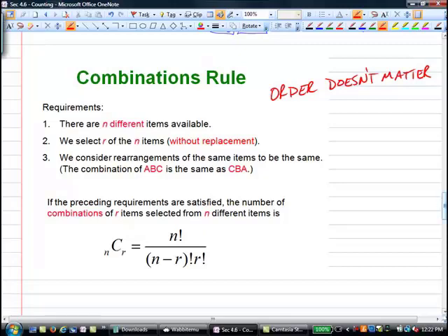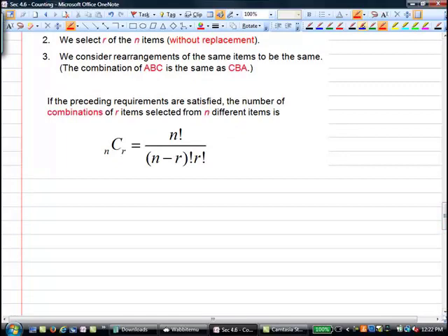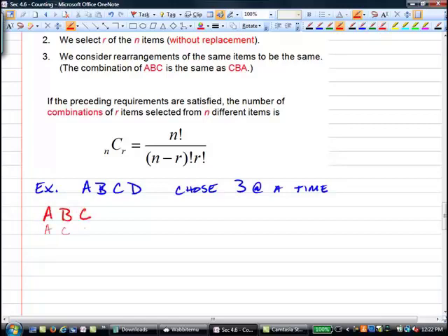So for example, if I had the letters A, B, C, D, and I wanted to choose 3 letters at a time, I could come up with ABC, ACB, CAB, CBA, BAC, and BCA. So all the different ways to combine A, B, C. I left D out. Now I'm going to look at A, B, D. I'm going to leave C out.